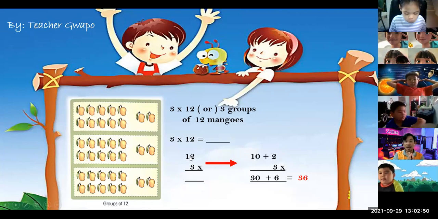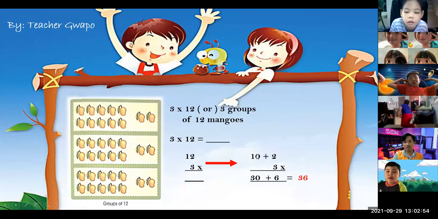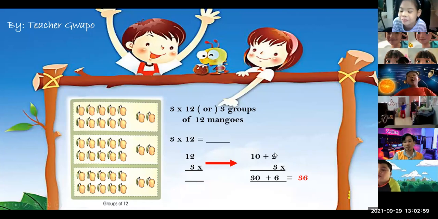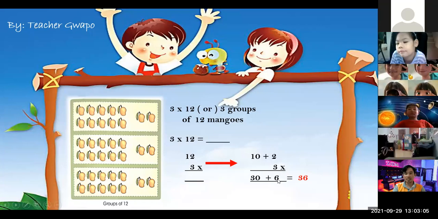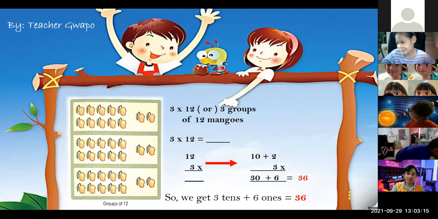Because we expand the number 12. 10 plus 2 is 12. So 3 times 2 is 6, and 10 times 3 is 30. If we add 30 plus 6, it is equal to 36. Very easy. So we get 3 tens and 6 ones, and that is equal to 36.